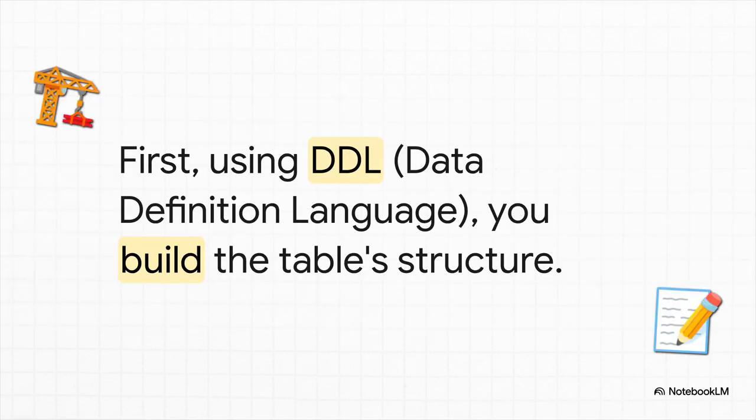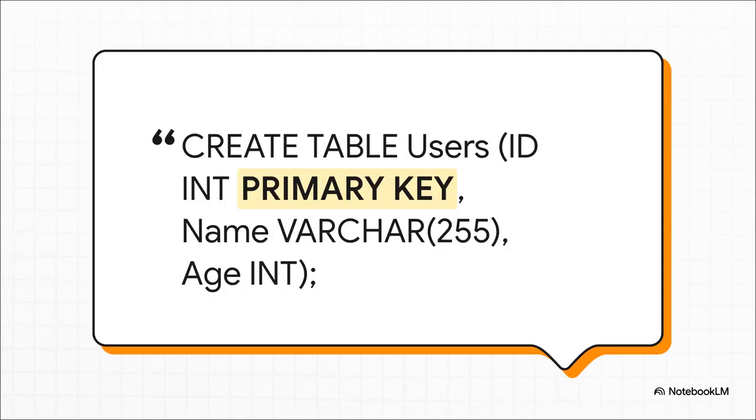And you always start with DDL. It just makes sense, right? You can't put files in a cabinet that doesn't exist yet. So first we use a DDL command to build the table itself, give it a name, and create all the labeled slots, the columns, for every bit of info we want to store. And here it is in action. The command CREATE TABLE does exactly what it sounds like.